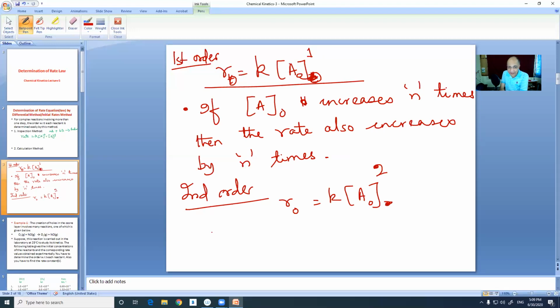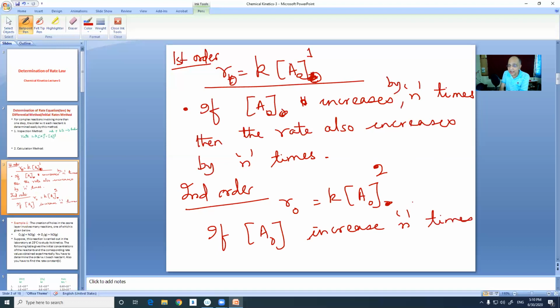So if you increase the initial concentration of A by n times, then the rate on the left side increases by n square times.